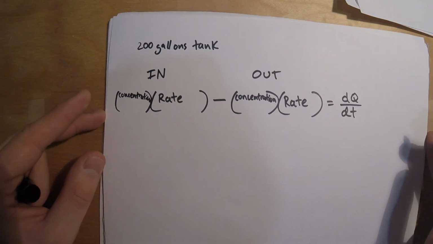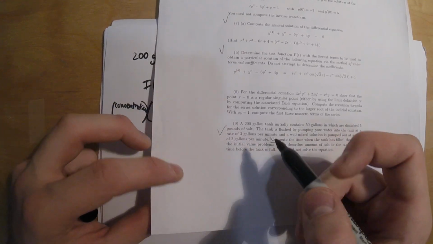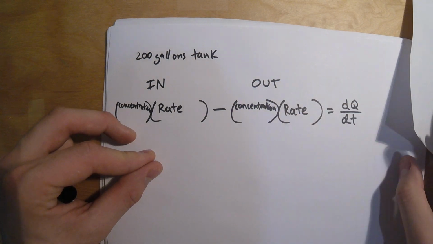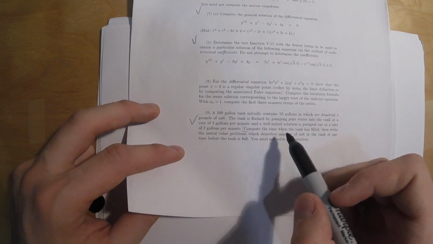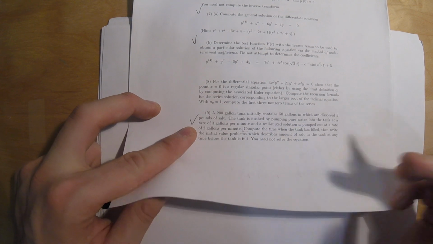Reading back from the problem, we're not looking at what was already in the tank. We're looking at the water going into the tank. It says it's flushed by pumping pure water into the tank.